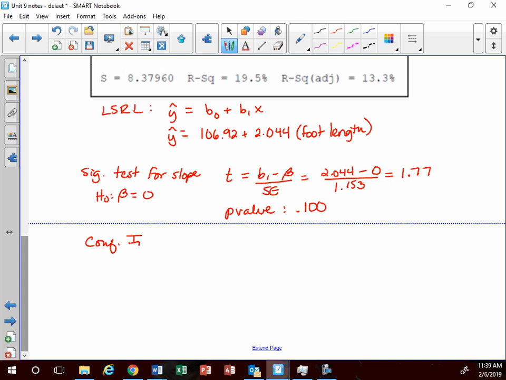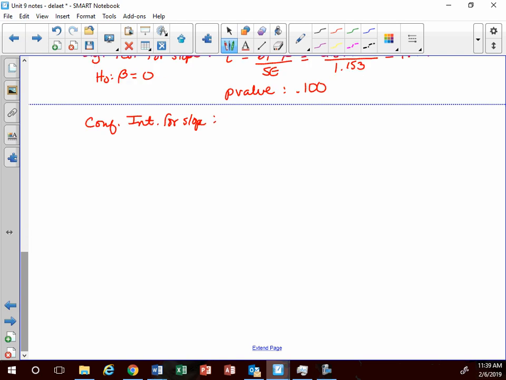Okay. Then let's look at our confidence interval, how we would do that from this printout. So confidence interval for slope. Okay, remember it's your point estimator, which was your b sub 1, plus or minus your critical value times standard error. So plus or minus our t-crit times our standard error.